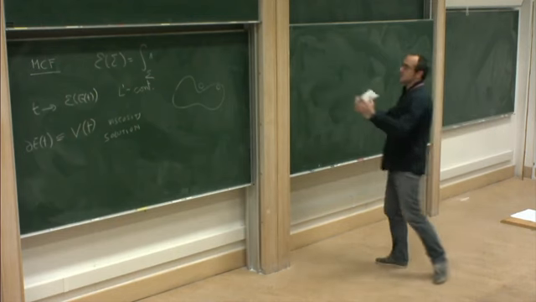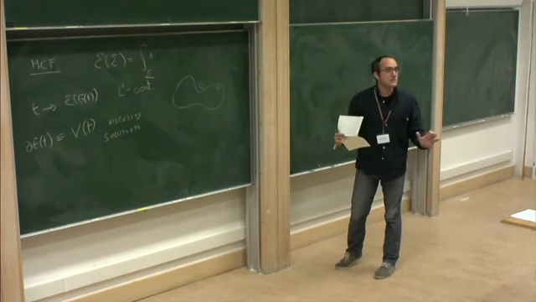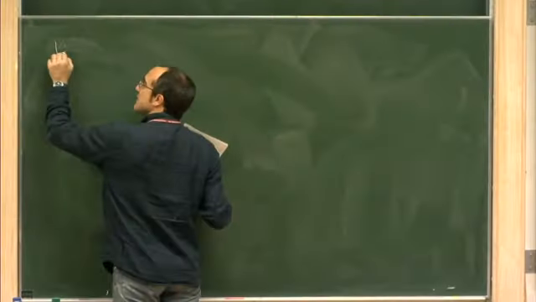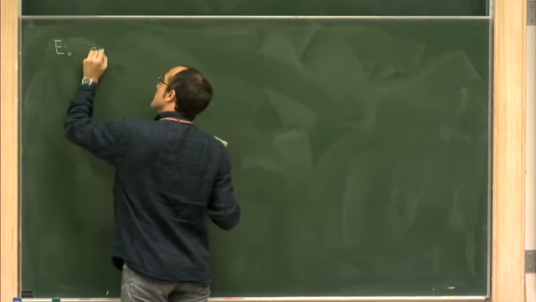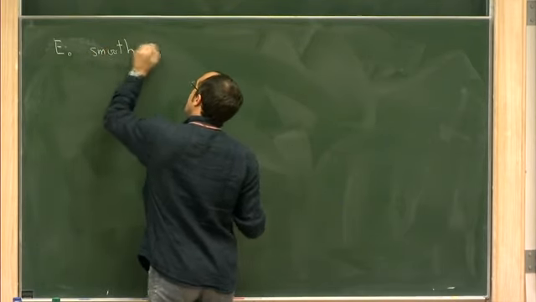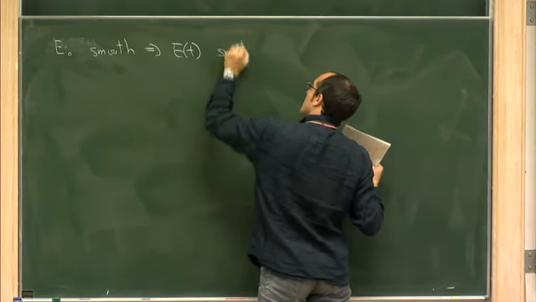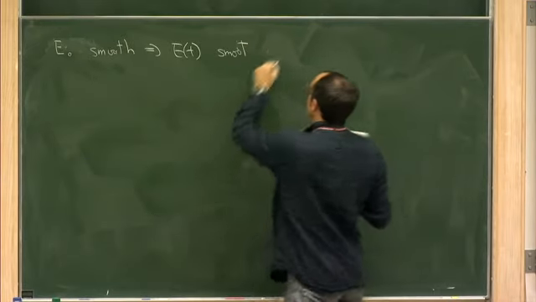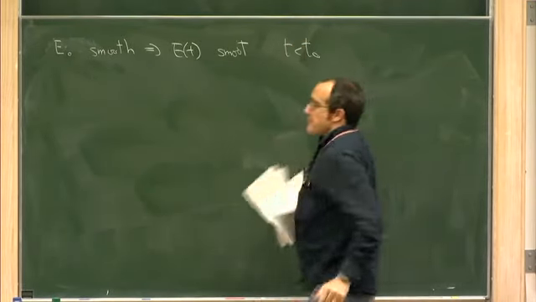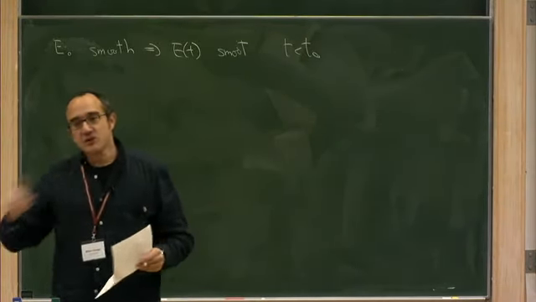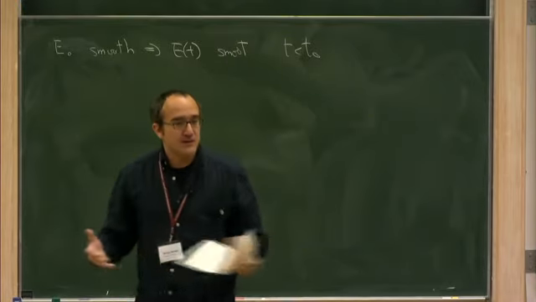So, in particular, the question which you can formulate even without obstacles is: is it true that if the initial set E_0 is smooth, then E(t) is also smooth for short times? In the particular case of mean curvature flow, you can prove this result in a different way.